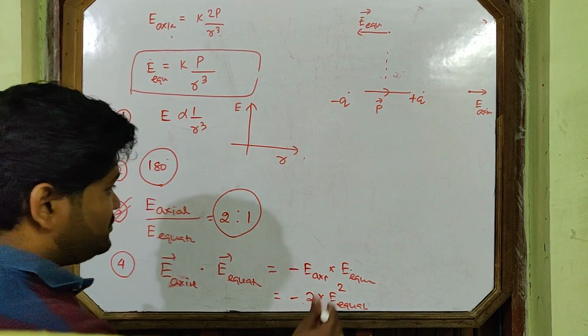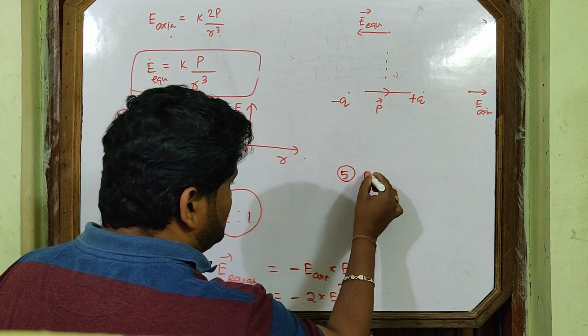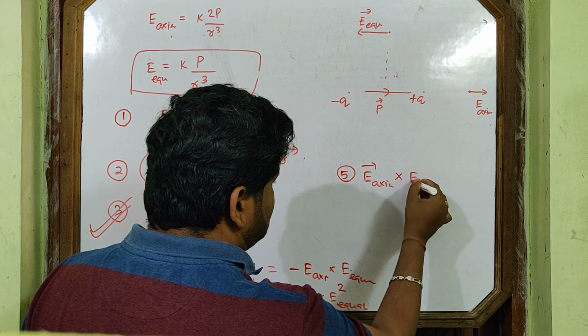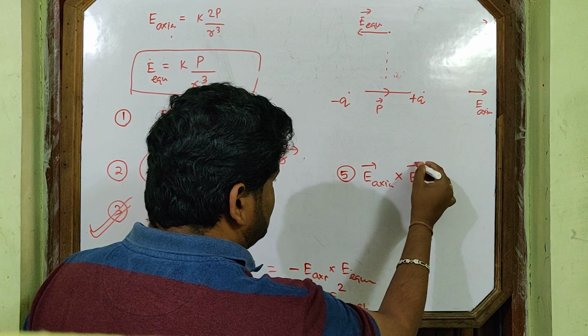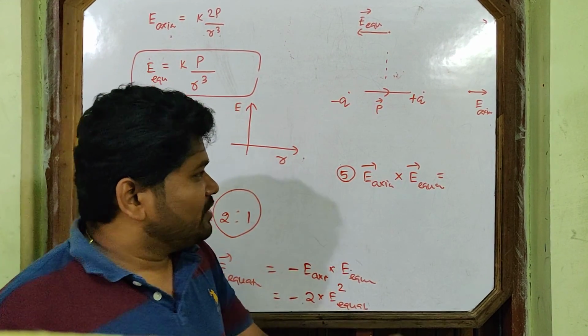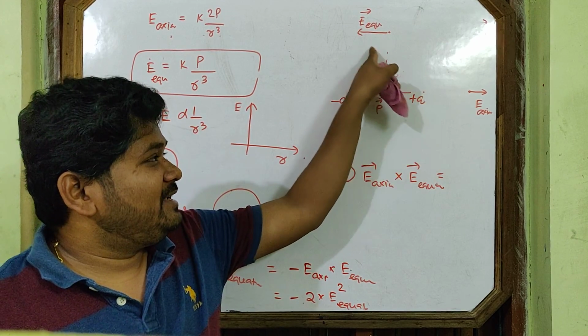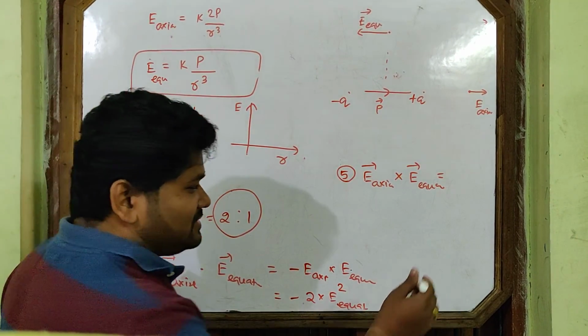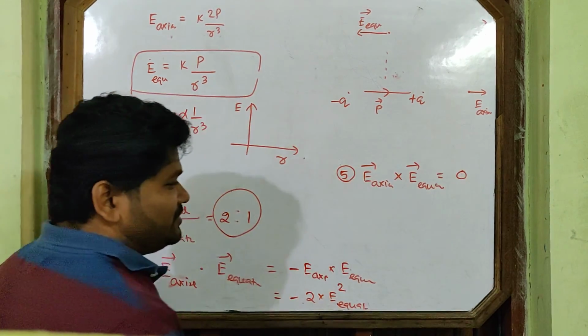If question number 5 comes, what is the cross product E axial cross E equatorial? What is the angle between them? 180 degrees. If 180 degrees, what is the cross product? They are collinear vectors, so the cross product is 0.